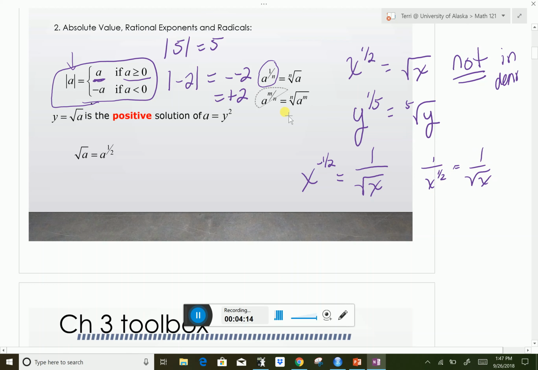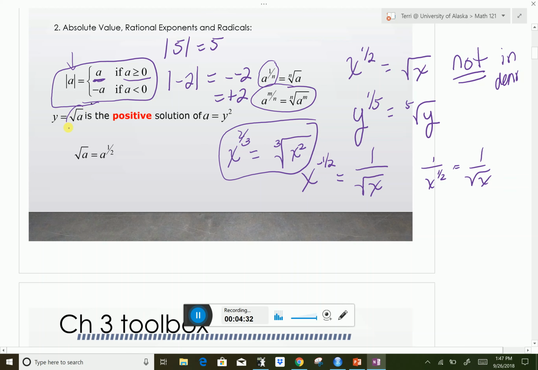Because it's 1 over x to the 1/2, or 1 over the square root of x. And you'll notice this one's kind of interesting too. a to the m/n. So if I have x to the 2/3 power, that is the cube root of x squared. That's what that means.